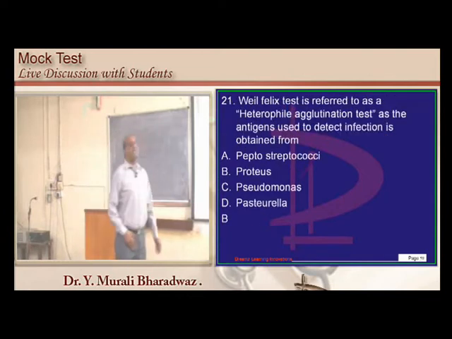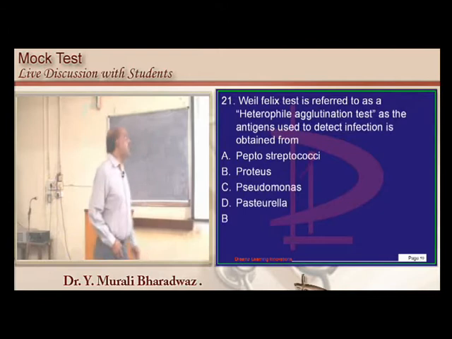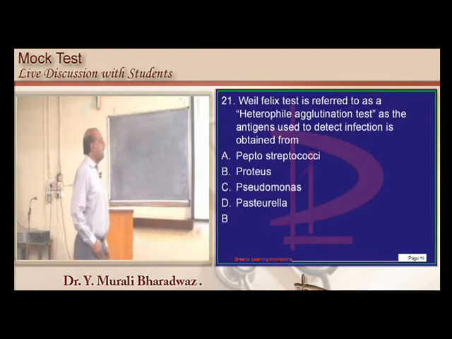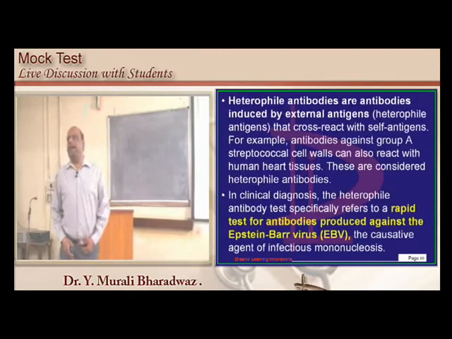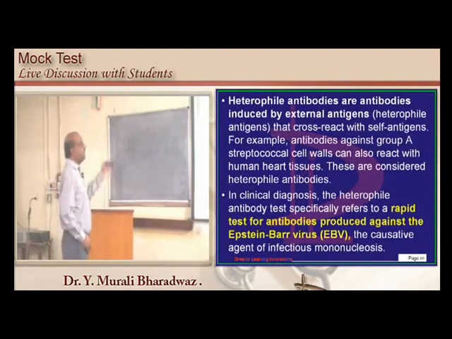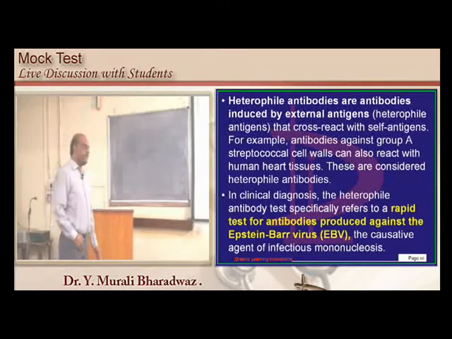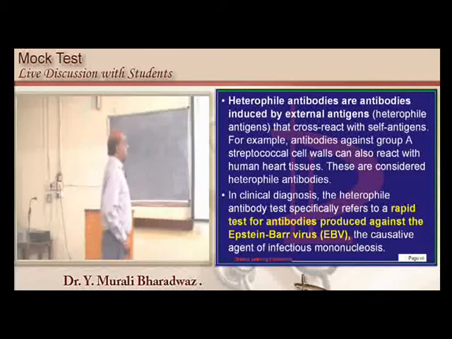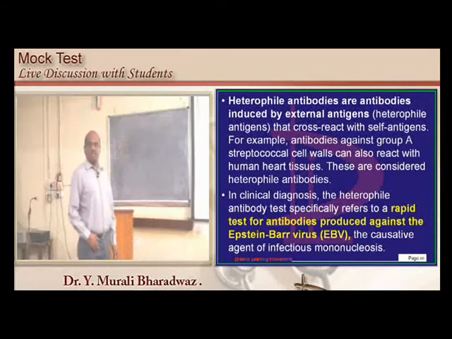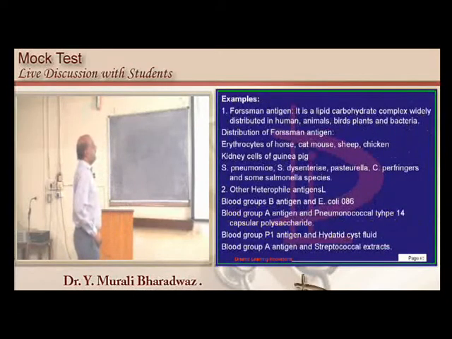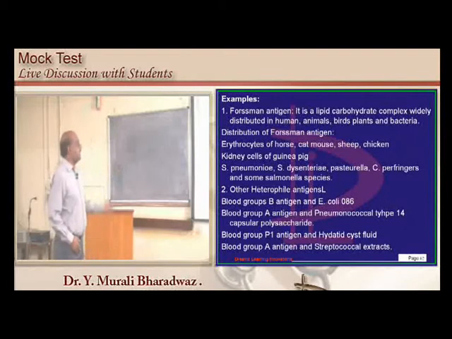Heterophile agglutination test. What is the meaning of heterophile agglutination test? Basically, heterophile antibodies are those which are induced by external antigens that cross react with self antigens. That is the meaning of heterophile. So if you take Epstein-Barr virus, we use a heterophile antibody test, and the blood group B antigen cross reacts with E. coli, an example of a heterophile antigen.